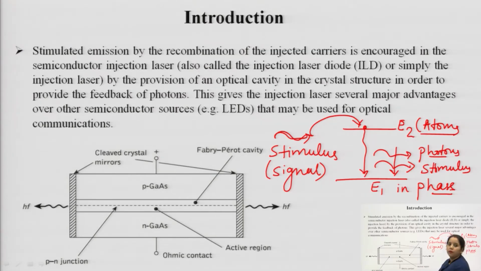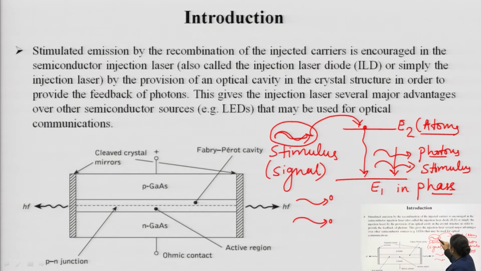Now, instead of a single photon used for the stimulus, we have two photons. These two photons will excite two atoms.